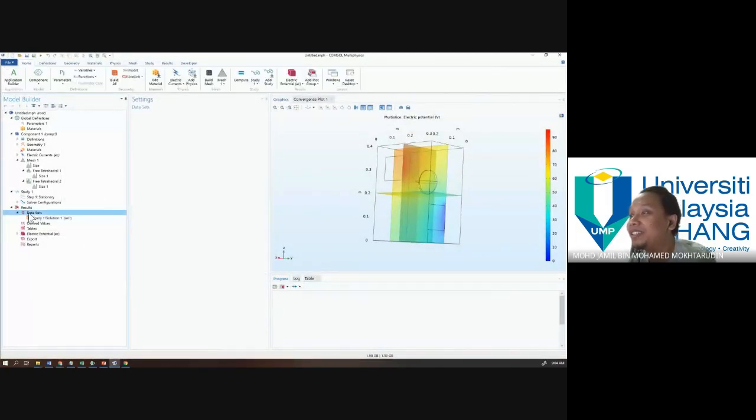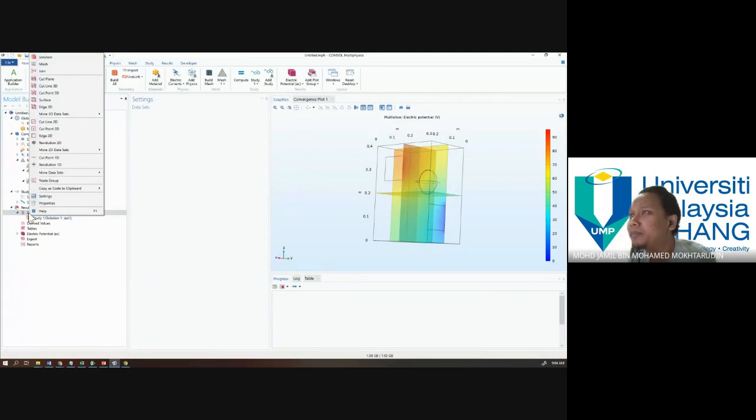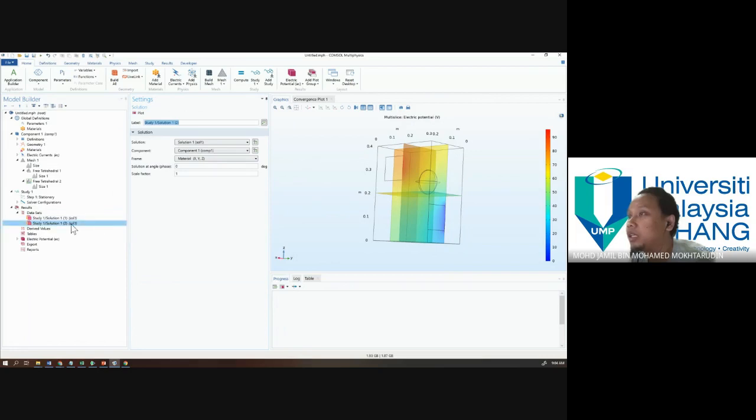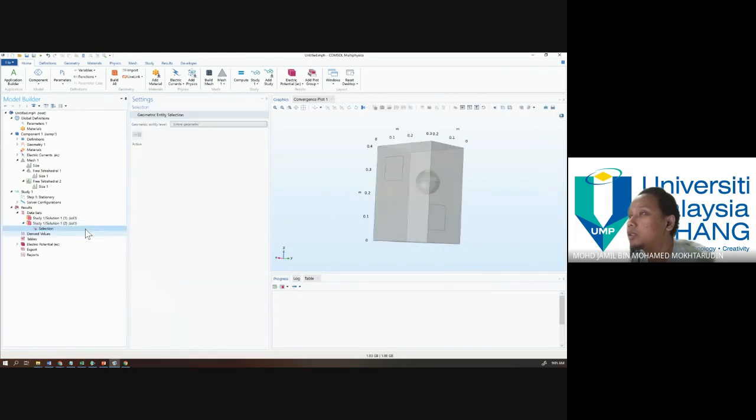So one of the ways is you go to solution, and then selection, and then change domain, and then choose the heart. Okay, so now solution one, study one, solution one, number two here, will plot only the results on the heart.